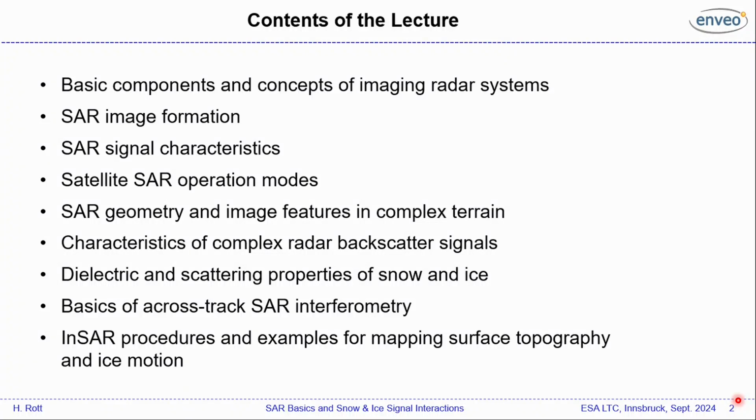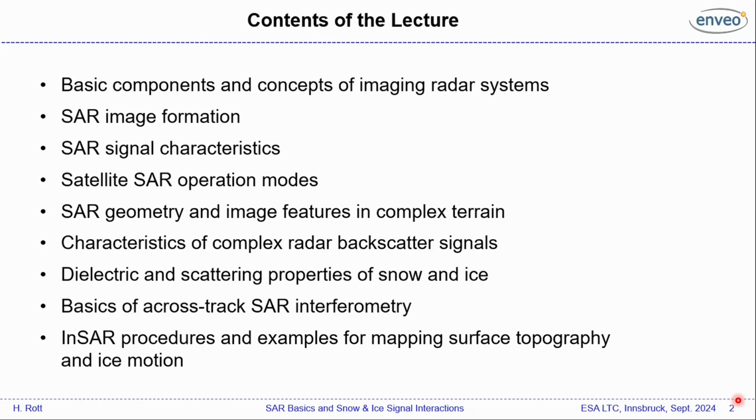Okay, so these are the contents of the lecture. As I mentioned before, I will talk about the basics of radar imaging systems, radar image formation, signal characteristics, and operation modes of radar sensors, radar SAR geometry, which is very particular, and show also the physics and peculiar features of the complex radar backscatter signal.